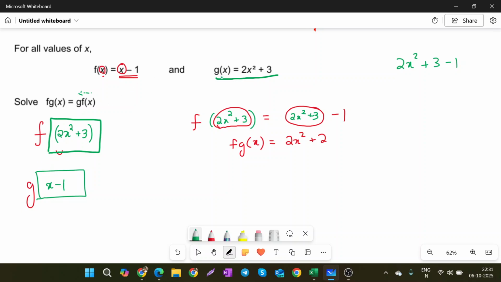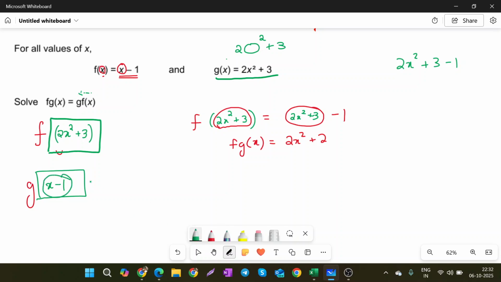Now you ask yourself, what does g do to its input? Well, basically it first squares that thing, multiplies it by 2, and then adds 3, right? That's your 2x squared plus 3. So we're going to do the same thing.